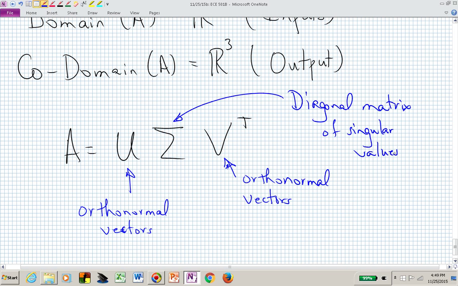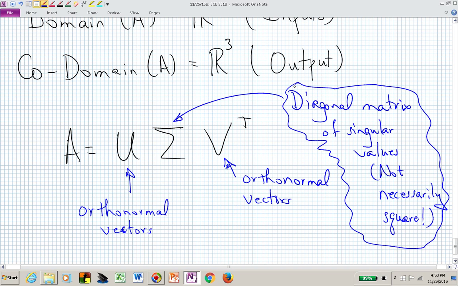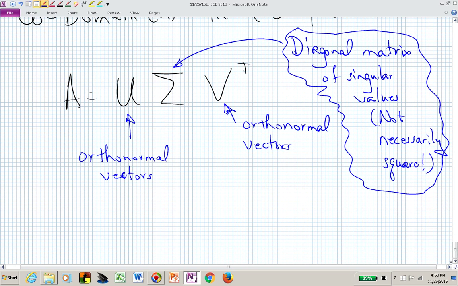So we now have a diagonal matrix of singular values that is not necessarily square. To repeat, U is 3 by 3.